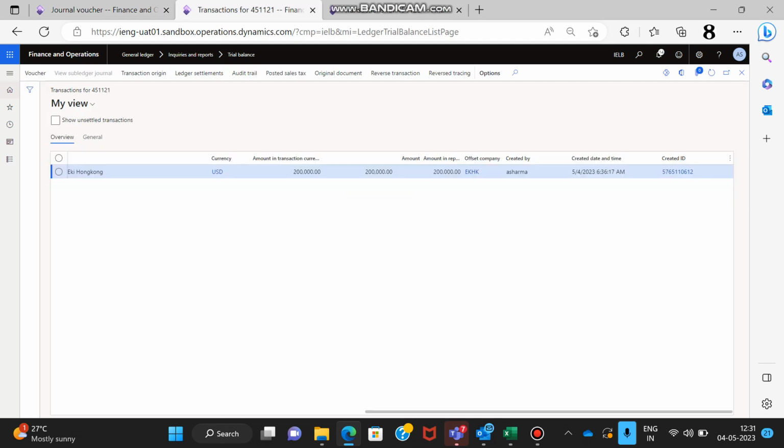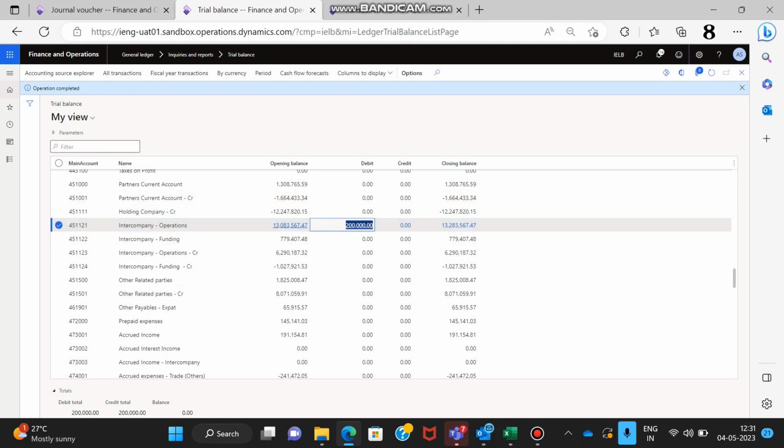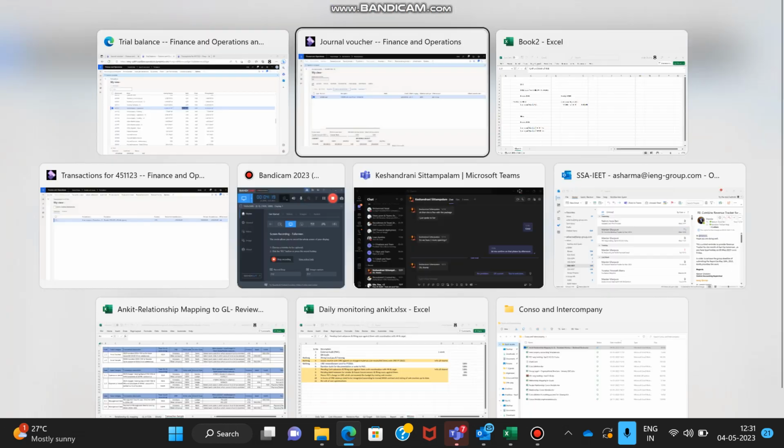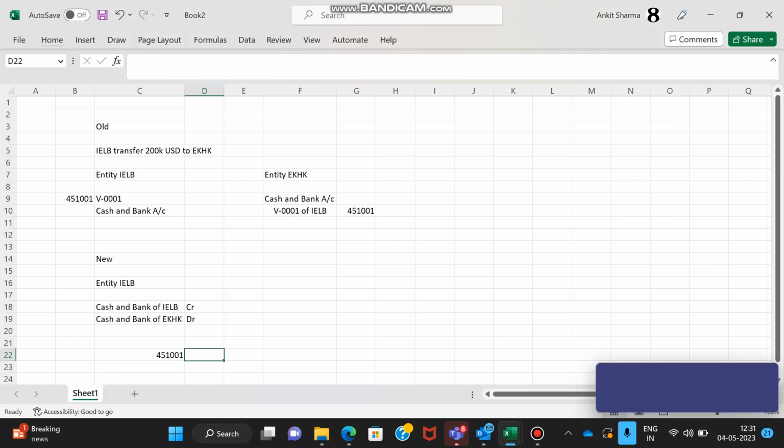Now to see the effect of this transaction, I have extracted the TB. In the books of IELB, the entry would happen as the GL, which is the linked account, debit, and cash and bank credit.